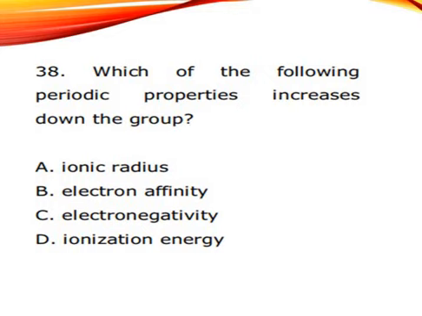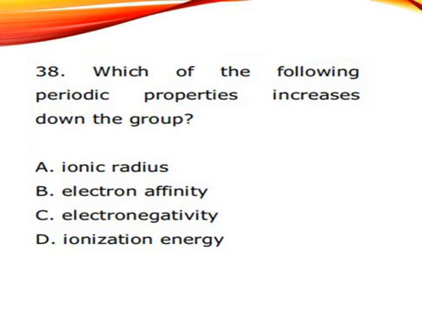As you go down the group, all of the atoms have the same charge, but the number of shells increases due to the increase in the atomic number. So this implies that the radius will be increasing down the group. So your answer here is A, ionic radius.